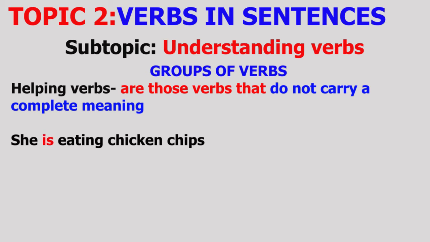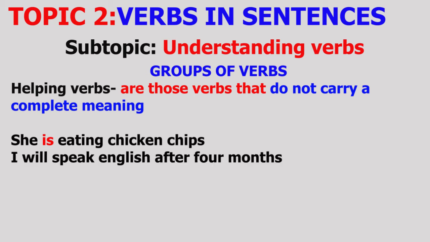She is eating. It means that is is a helping verb. It is there so that it can help the main verb to provide the complete meaning. Or take the second example, I will speak English after 4 months. The main verb here is speak, but the helping verb is will.